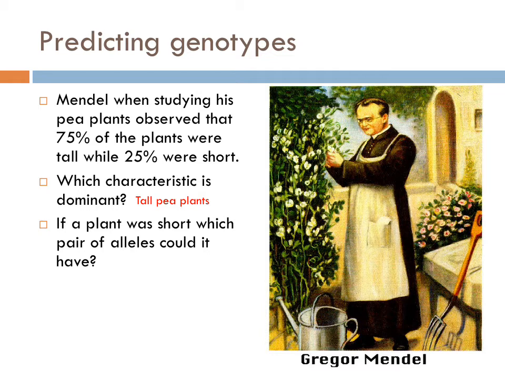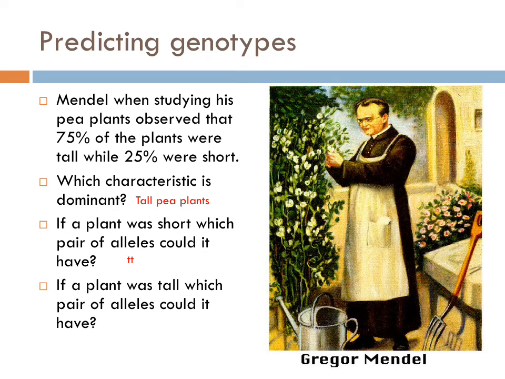It's a recessive characteristic. So, would it have a dominant allele or a recessive allele? Should we write it capital or should we write them in small letters? Yes, we should write them in small letters, so it's a small t that codes for short plants.